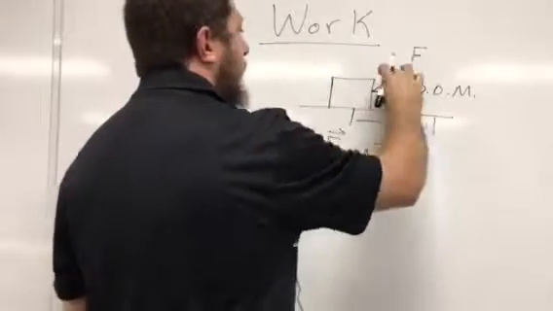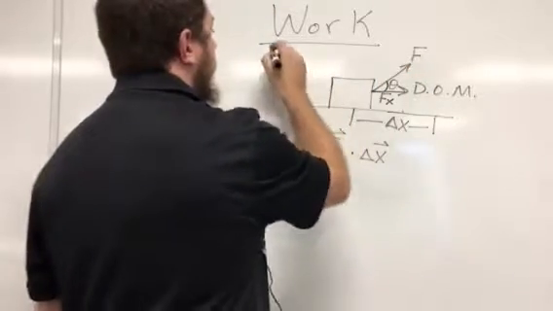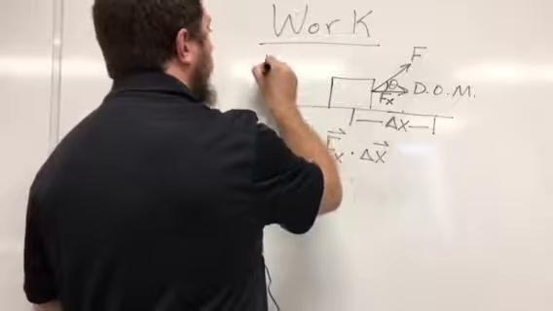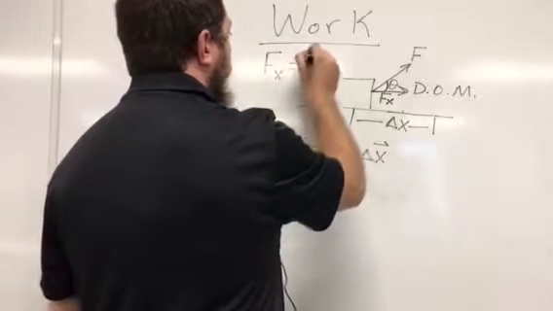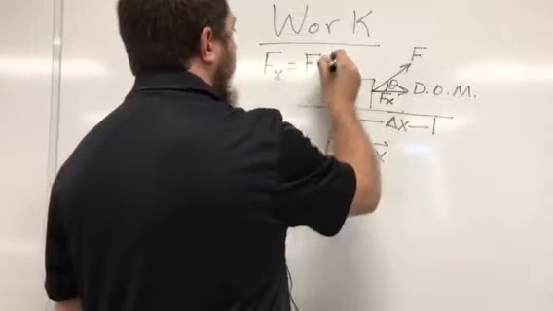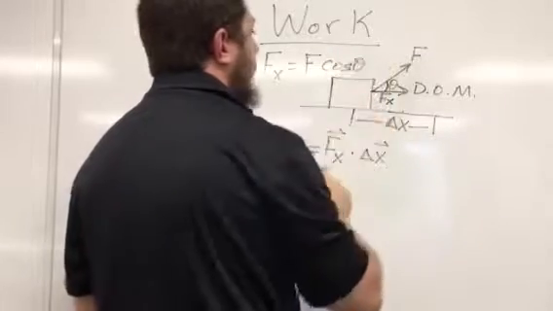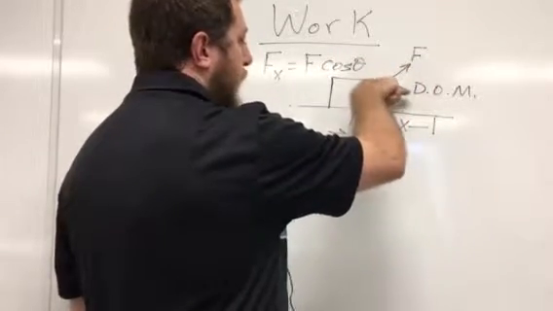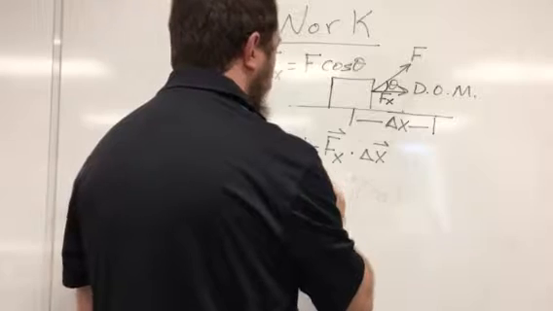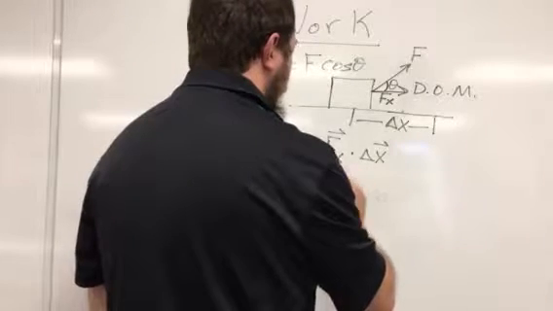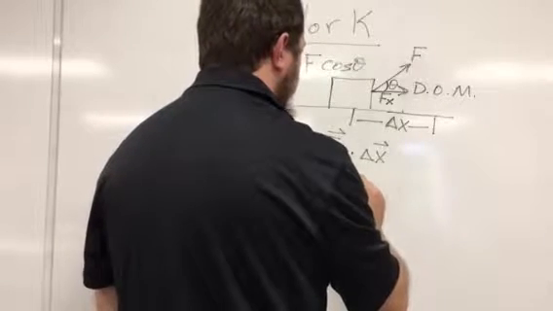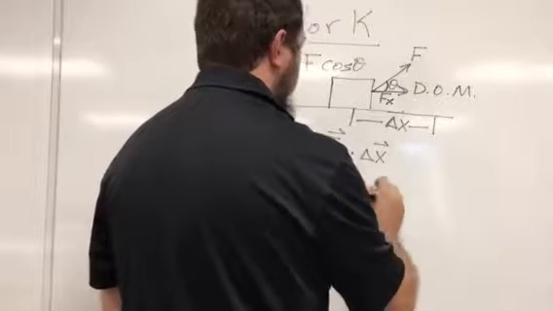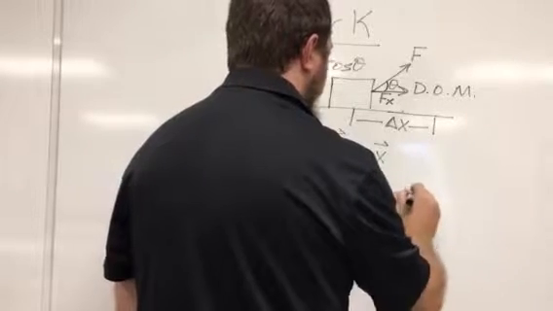Well, they're related through the theta here by the cosine component. So Fx is equal to the magnitude of the force F times the cosine of the angle that the force makes with the horizontal. So this is the magnitude of your force F times the displacement delta x times the cosine of the angle between them.